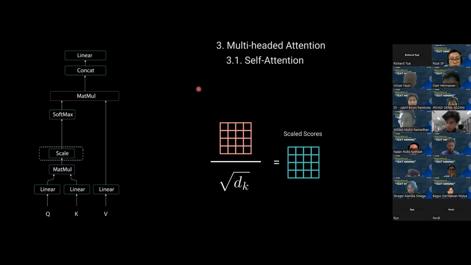We also need to take into account the dimensionality factor. So we divide the entire scores matrix by the square root of dk, which represents the number of dimensions in the key. In this example, dk is 3.